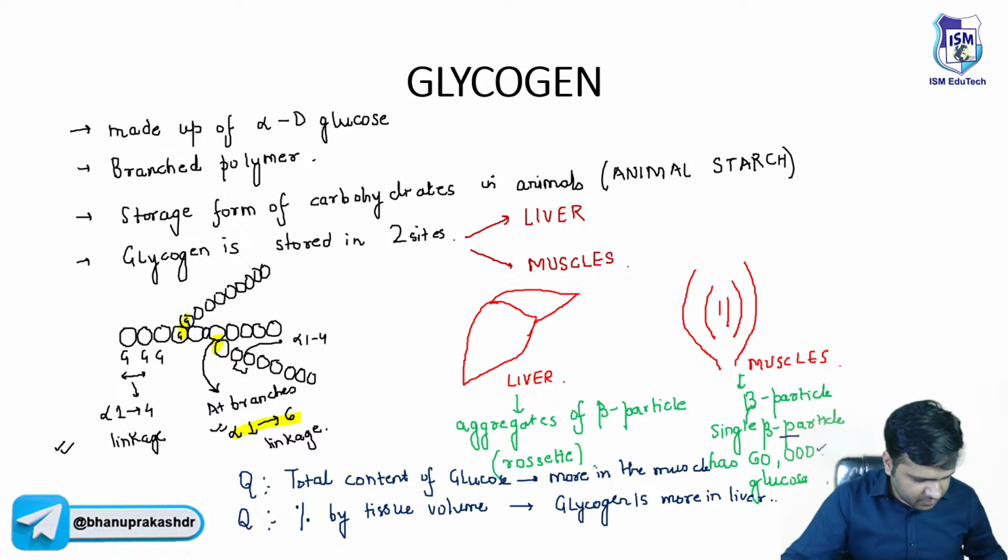Is the glycogen point clear? In muscle, if I am saying a single beta particle, obviously 60,000 glucose is very high. And comparatively it is much lesser in the liver, right?